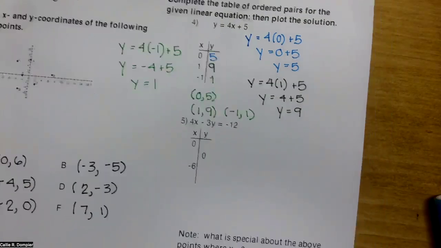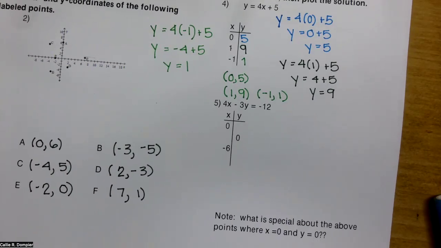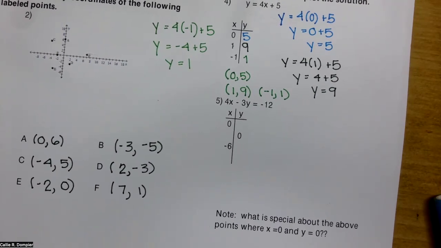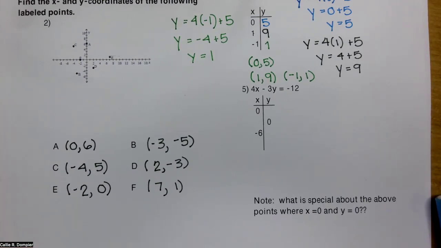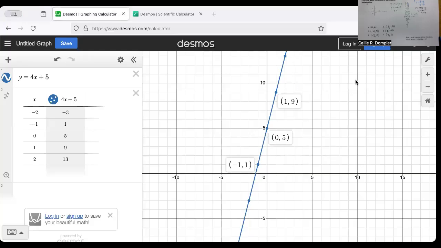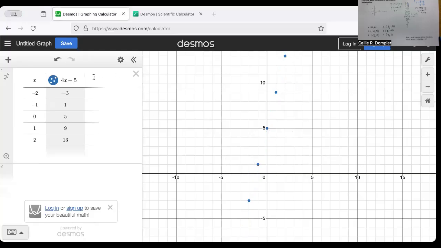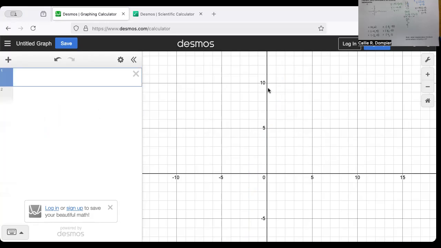All right, the next one is 4x minus 3y equals -12. If we put this into Desmos, it will graph it. What it will not do is automatically make a table.